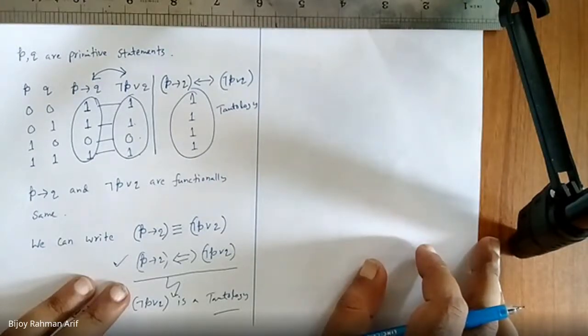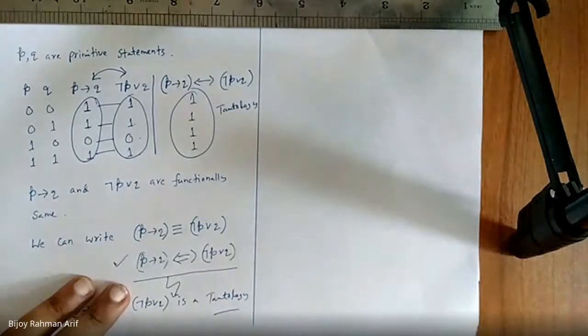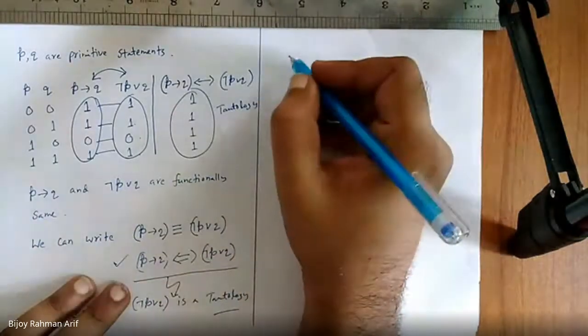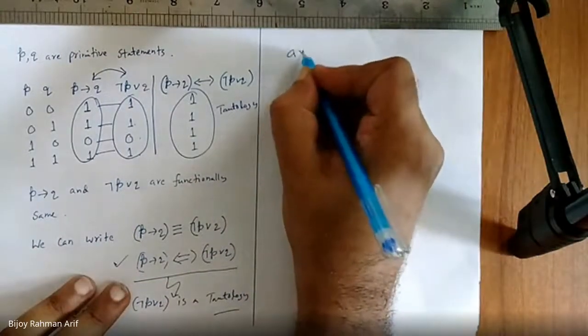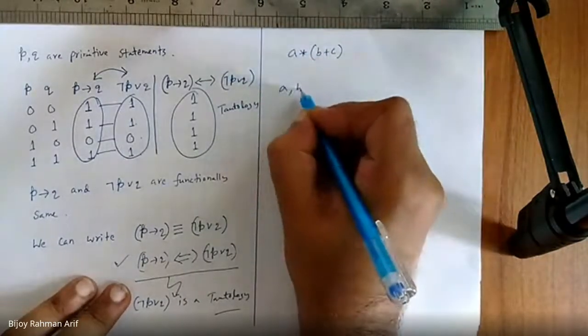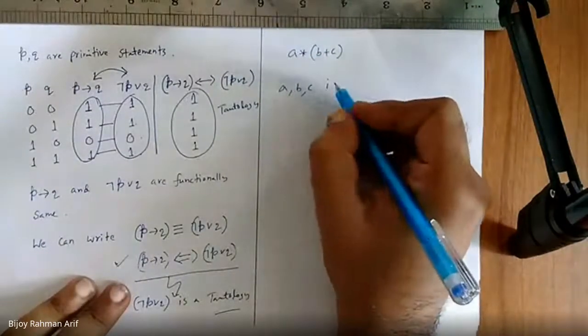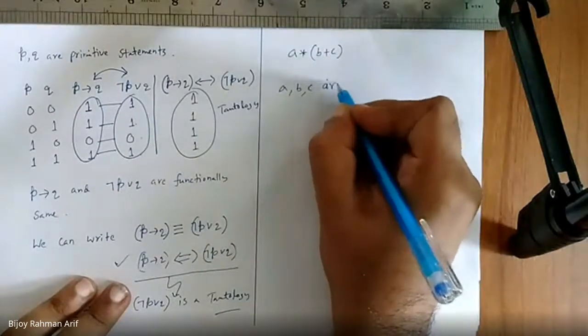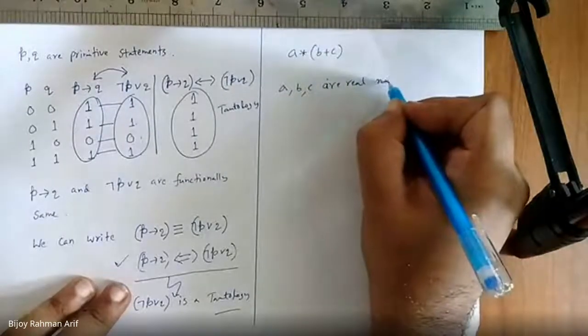Many things which are present in algebra and arithmetic, those kinds of similar logical expressions are also present in logic. For example, let's write this one. A star B plus C, where A, B, C are real numbers.